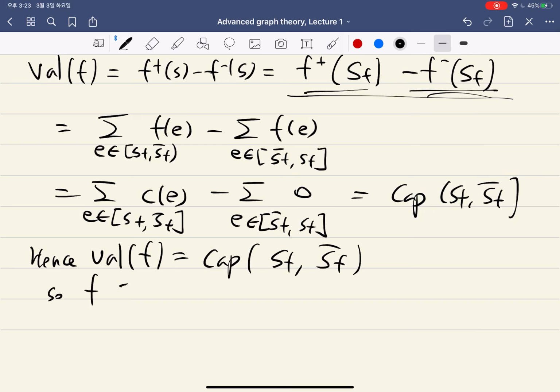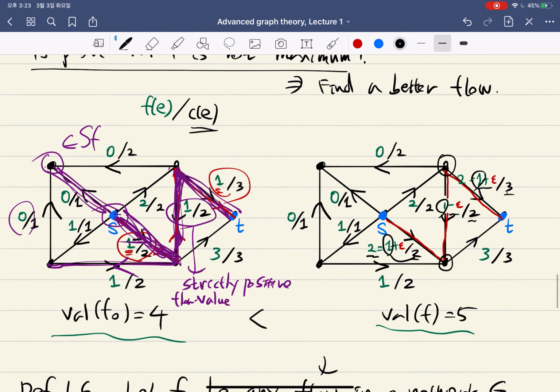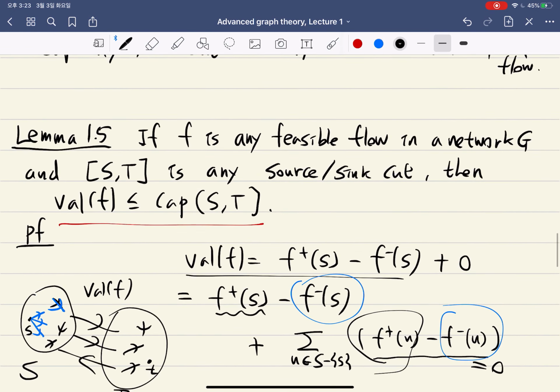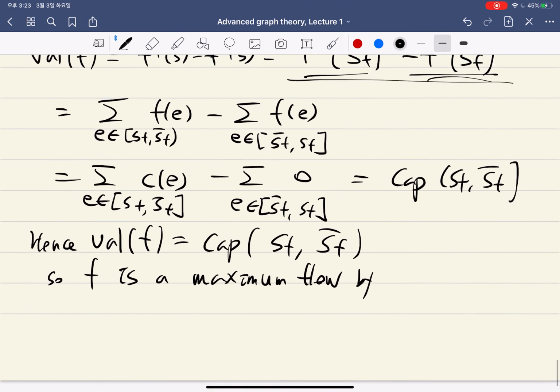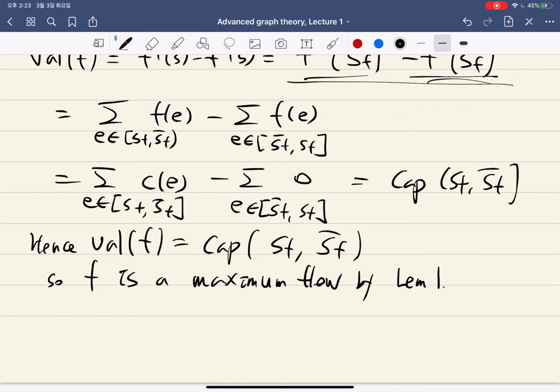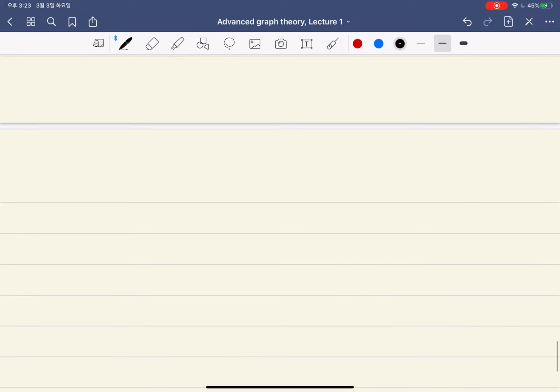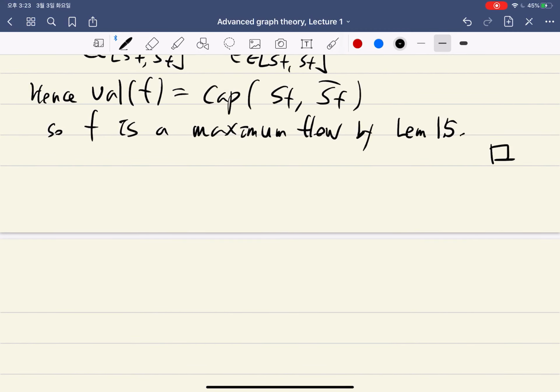So f is our maximum flow by the previous lemma, Lemma 1.5. So we have this characterization of maximum flow by something more concrete, which is the f-augmenting path.